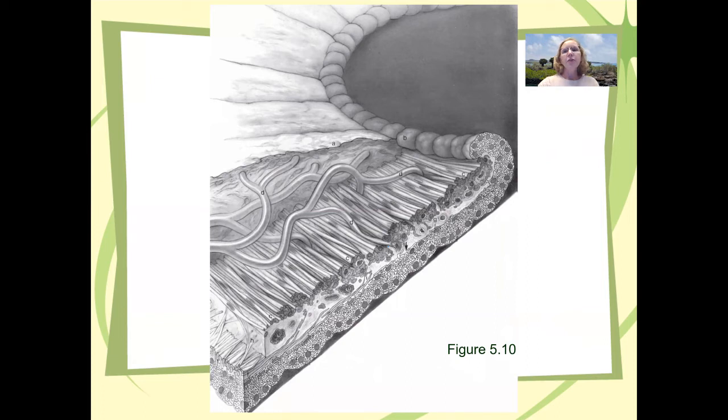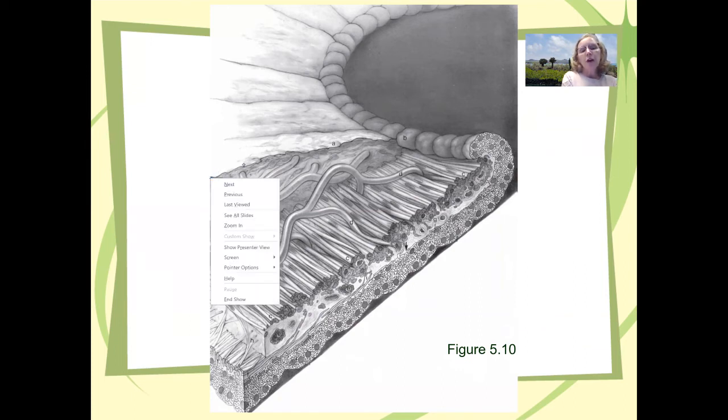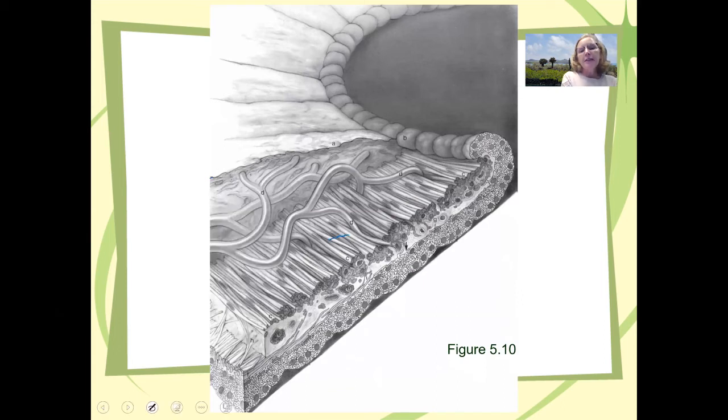This image also shows the layers of the iris. So we can start again at the very anterior portion just to remind ourselves of all of the layers we've learned about so far. First we have the anterior border layer.